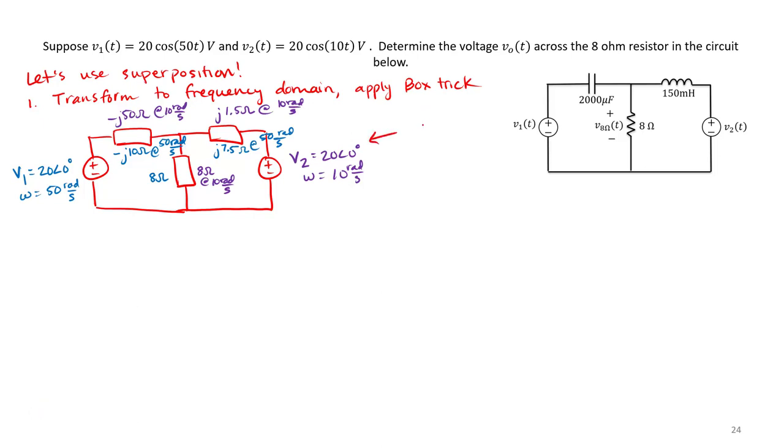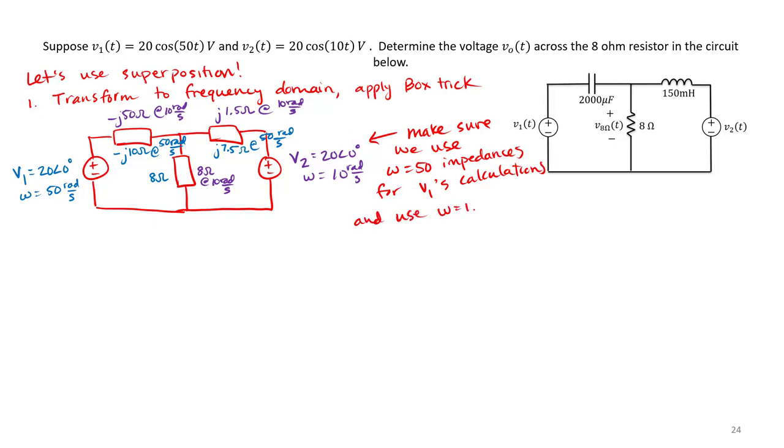So the key thing to watch out for is we need to make sure we use the omega equals 50 impedances for V1 calculations, and we need to use the omega equals 10 impedances for V2's calculations.